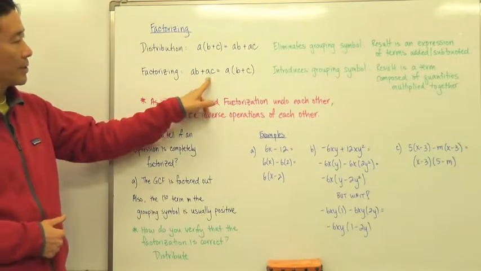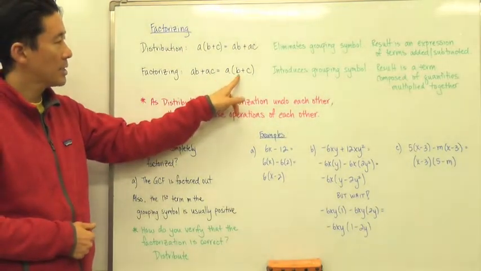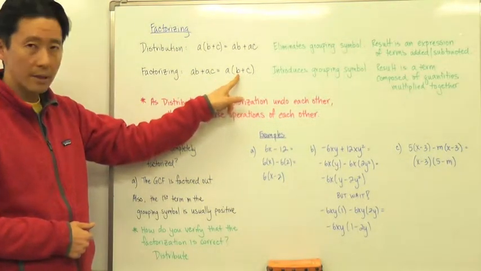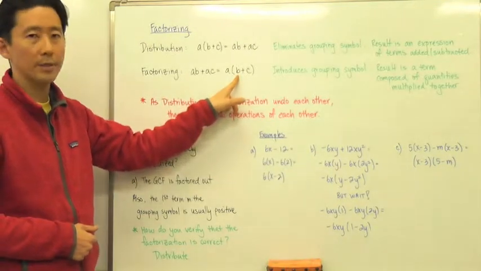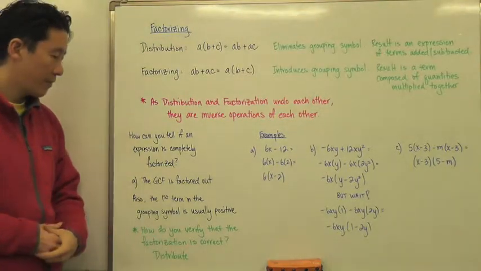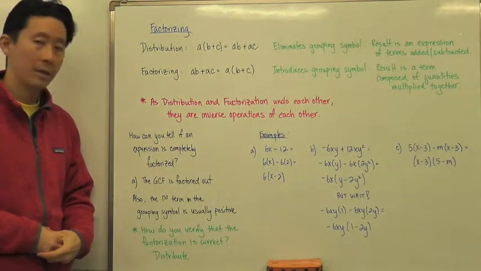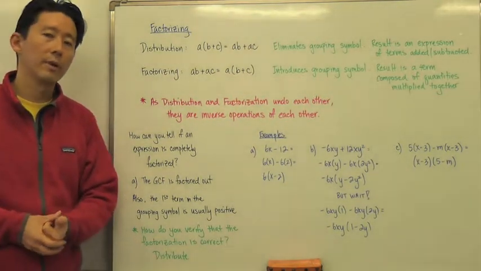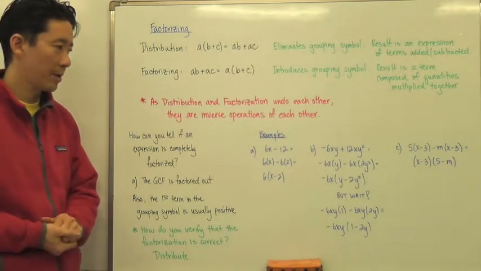So if I have an expression that looks like this, generally speaking, we want this term in the grouping symbol to actually be a positive term. Lastly, how do you verify that the factorization is correct? Well, just distribute and see if you come up with the original expression that you started with.